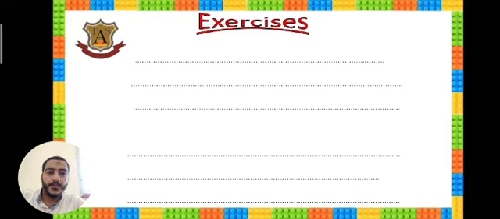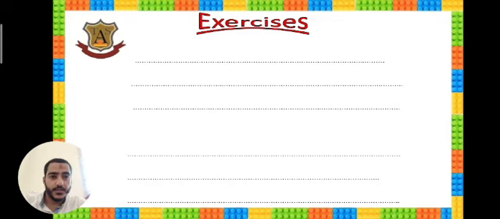I think the lesson is easy. If you have any question before we go to the exercise, because I'm going to ask you and you will answer them by yourselves, be sure that you understood every point in the lesson. Okay?